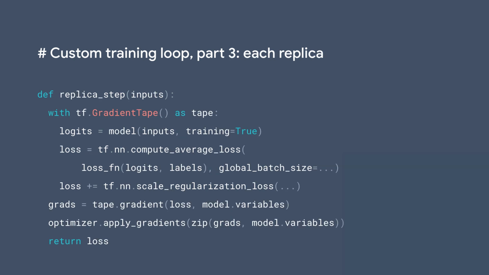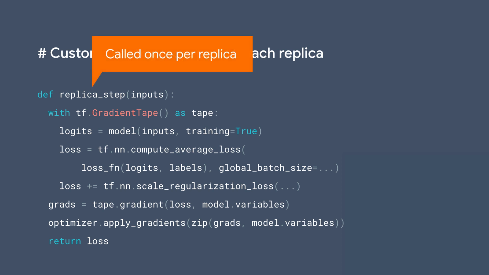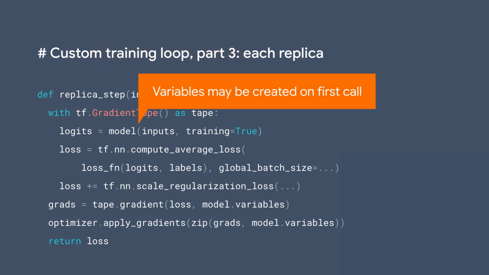So here we define the function with the main computation of our training loop that we're going to perform every step. This function will be called once per replica, at least in the mirrored strategy case. And the model function may create variables, at least in the first call.